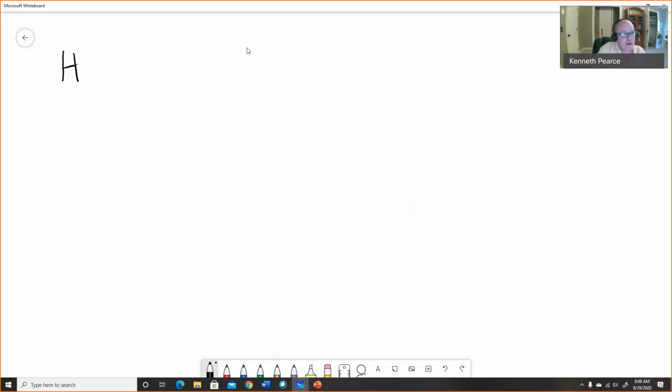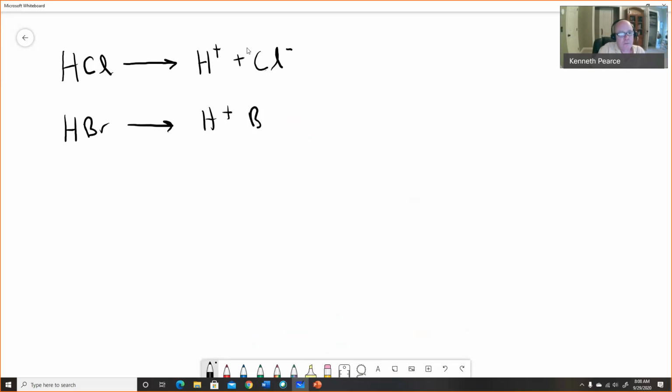Now, when acids dissociate, they produce H+, and it goes like this. So if you have HCl, hydrochloric acid, when it dissociates in water, it's going to produce the H+ and the Cl minus. And we can do others like HBr, H plus Br minus.